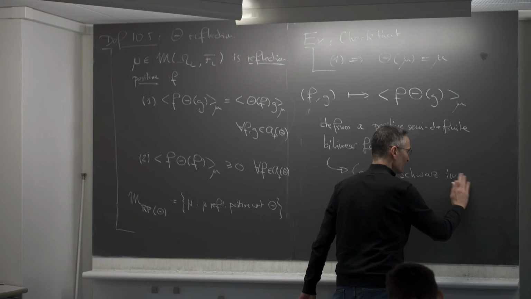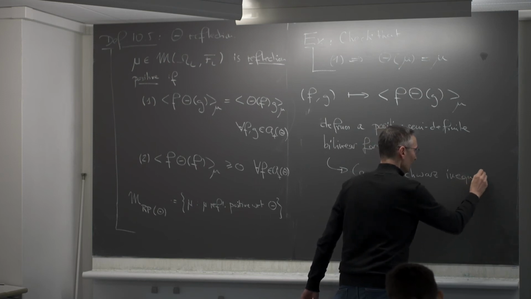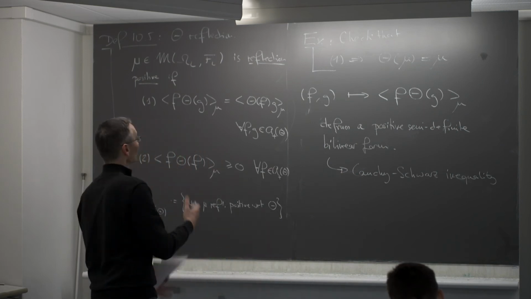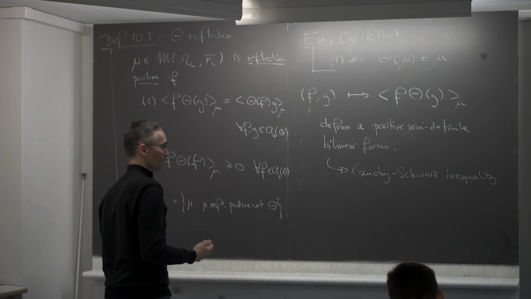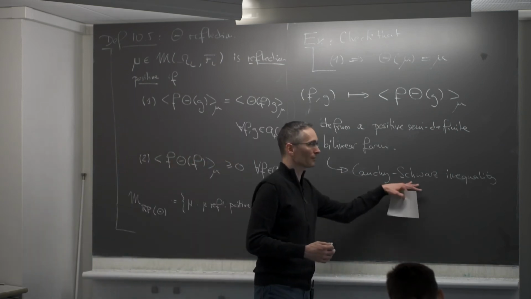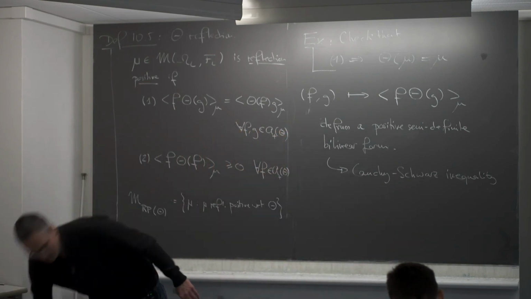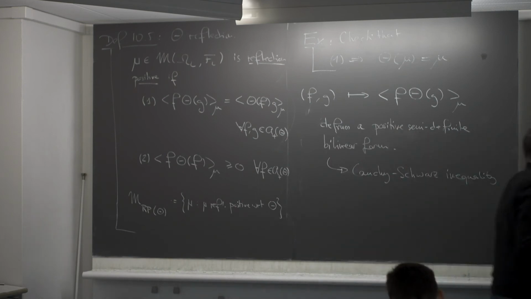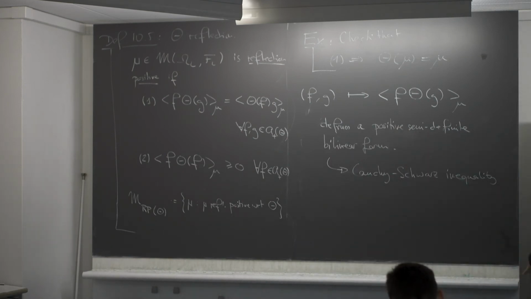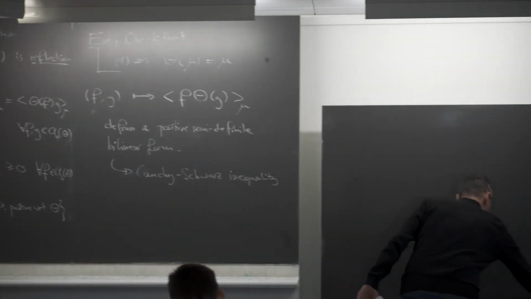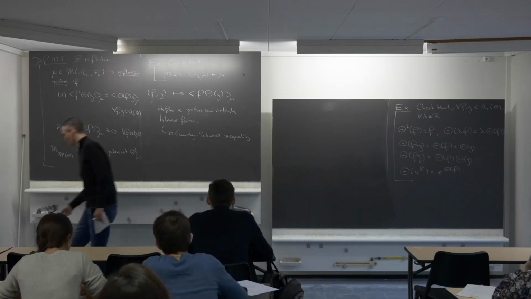And this Cauchy-Schwarz inequality is what is at the heart of this reflection positivity technique. Very simple observation that in this way you can define this Cauchy-Schwarz inequality. So let me briefly prove it, even though it's a completely standard proof, since it's so important here.